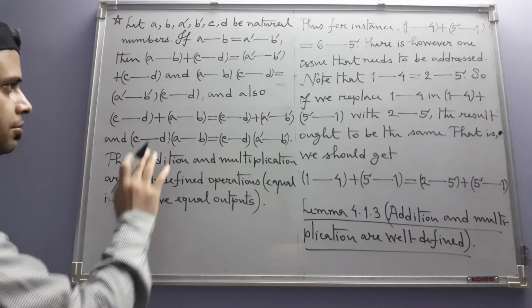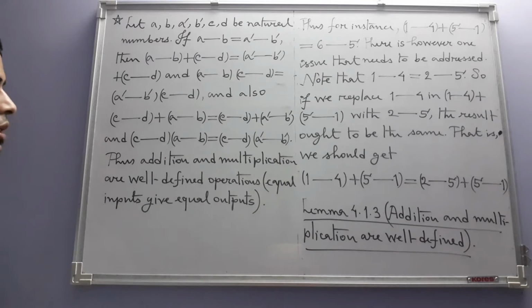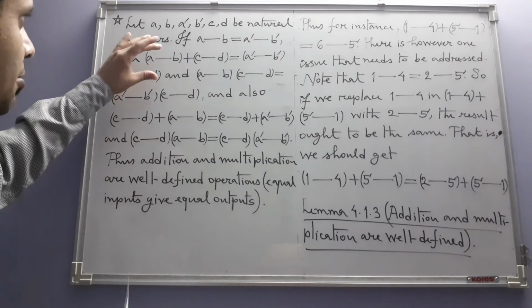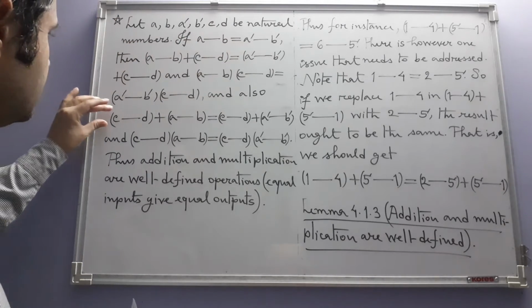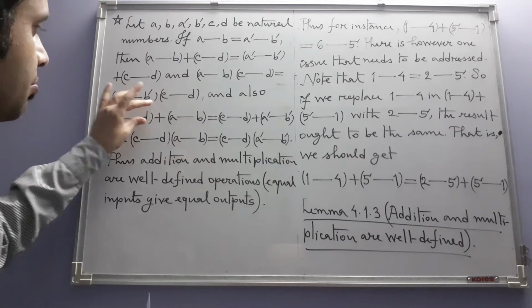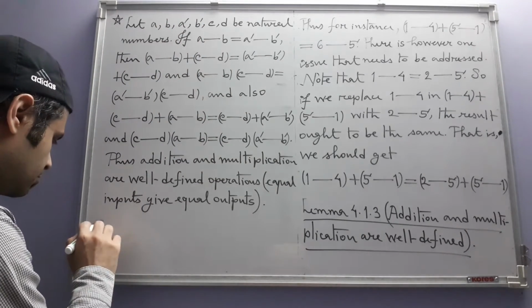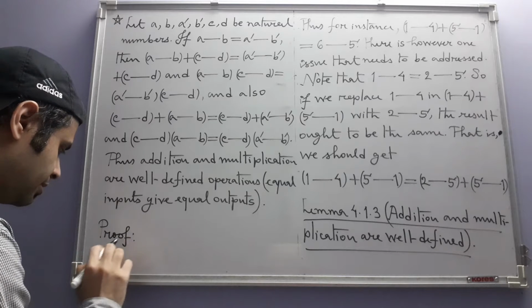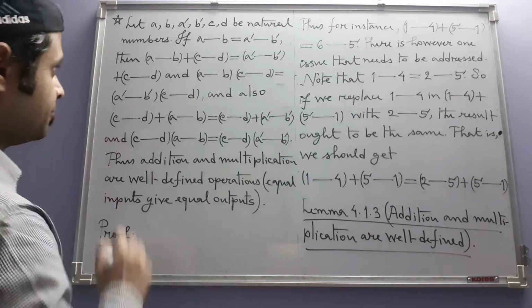So before we have that commutativity, these two statements have to be separately proved. This one does not imply this one, or for example, this one does not imply this one. The proof is not very difficult, but you have to carefully do it.